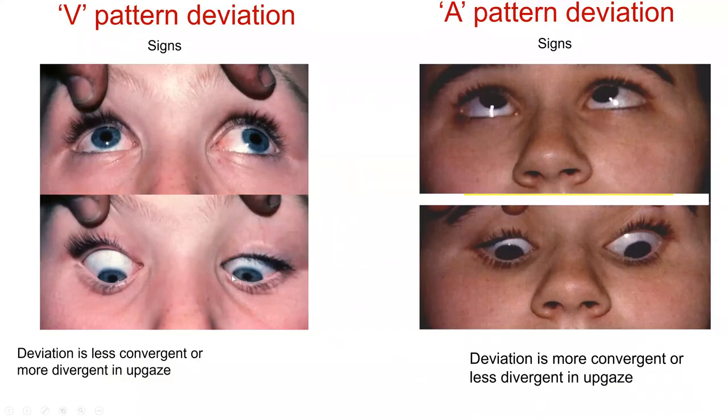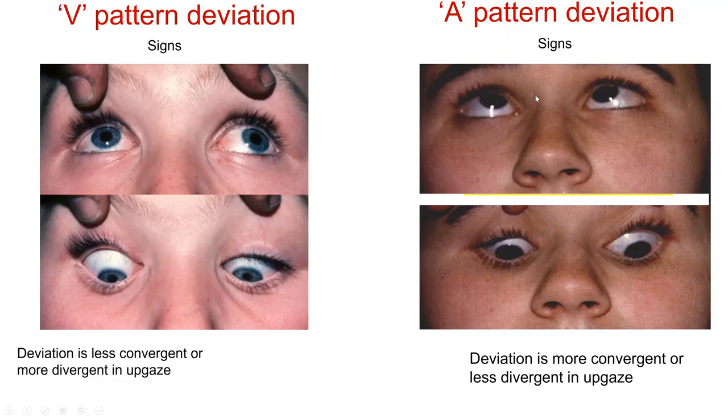So this patient has less convergence in up gaze, and when he looks up, the eyes look more divergent. When you draw the shape of the eyes in up gaze and down gaze, this is called the V pattern.